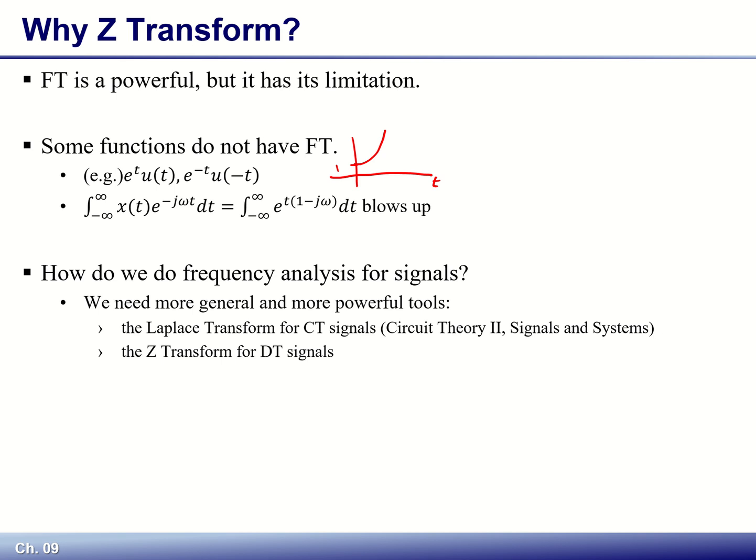In circuit theory 2 and signals and systems, we already studied Laplace transform for continuous time signals. Here, we will study the Z transform for discrete time signals, which is a counterpart of Laplace transform.